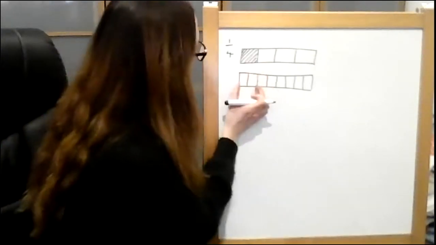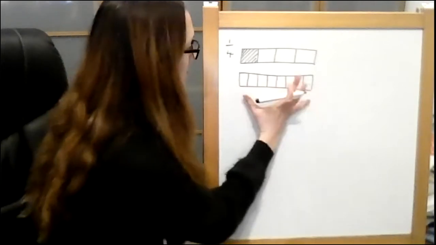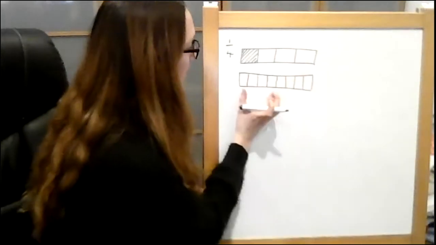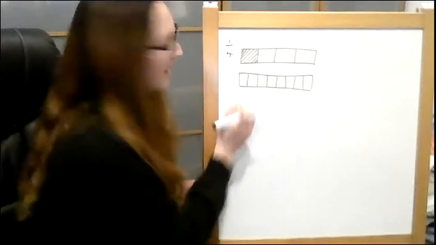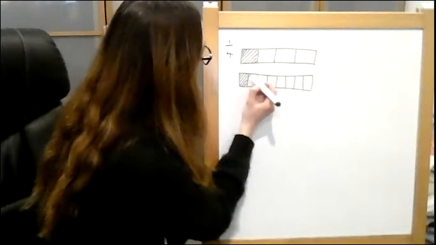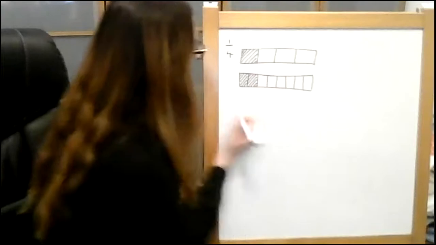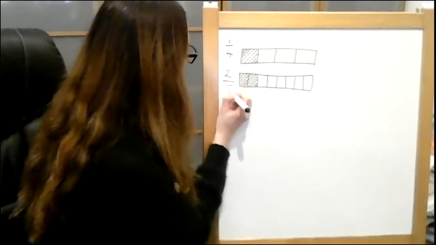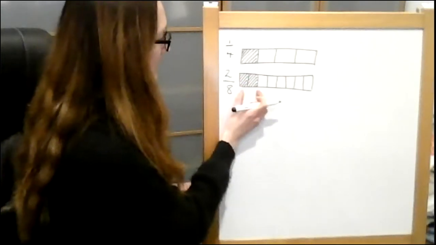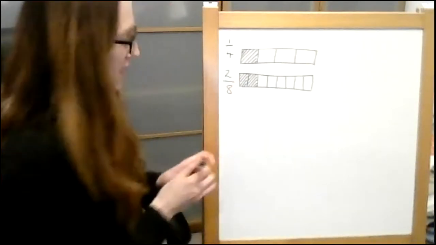So I go underneath to my eighths bar, okay? And as I've drawn it out the same length, all of my pieces will be accurate. And I can see here that 1 quarter is equivalent to 2 eighths, 2 pieces out of 4, 6, 8, 2 pieces out of 8.